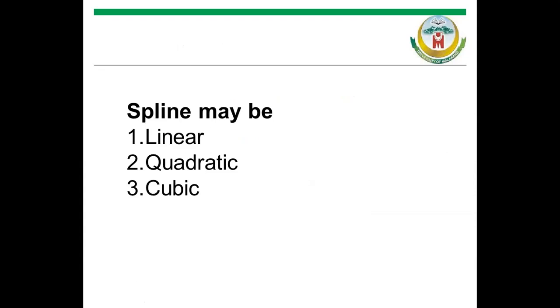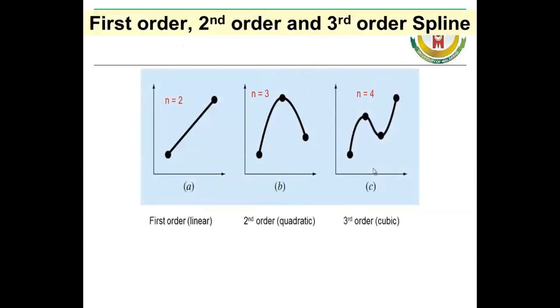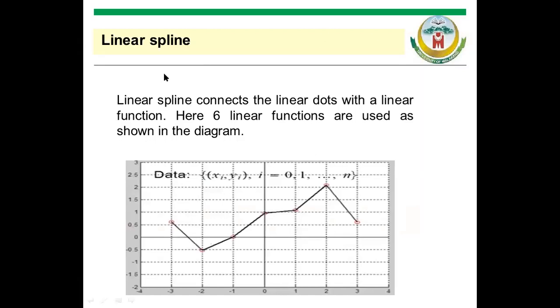Splines may be linear, quadratic, or cubic. This is a linear function, this is a quadratic function of order 2, and this is a cubic function of order 3. Linear splines connect the dots with linear functions. Here 6 linear functions are used, as shown.